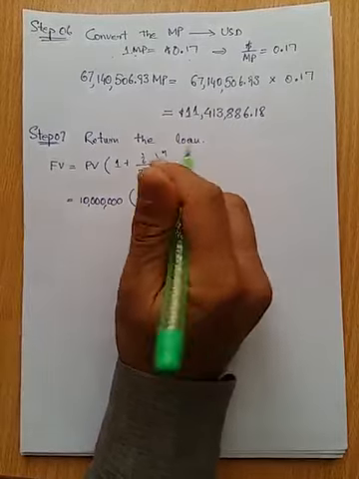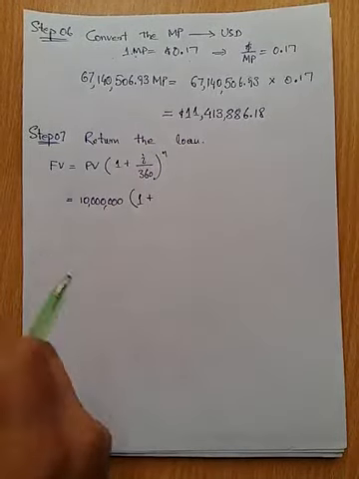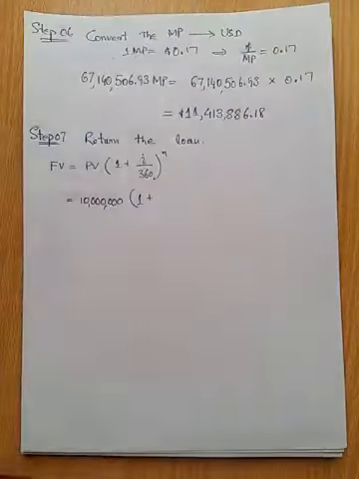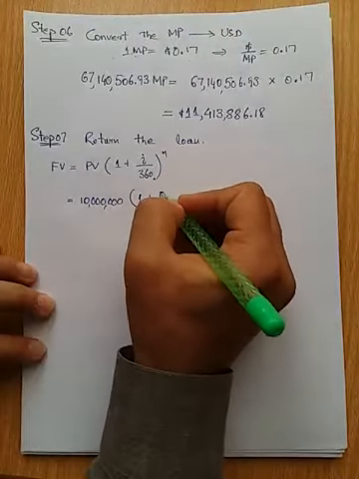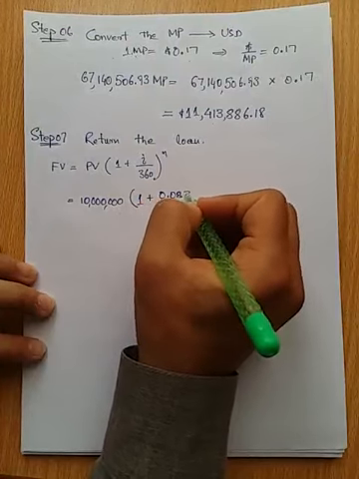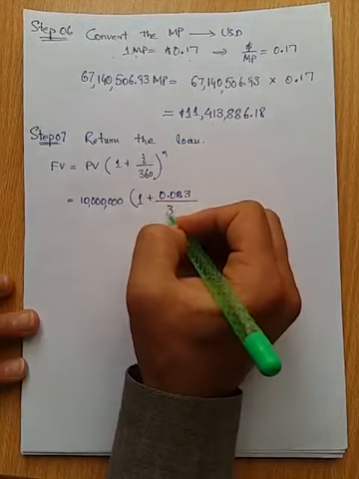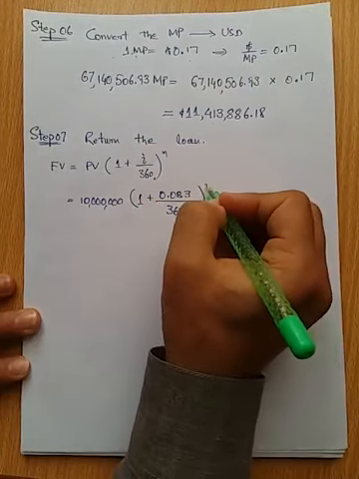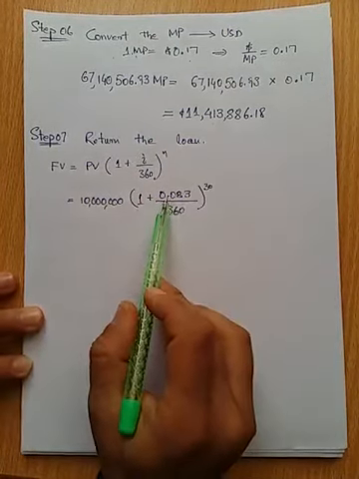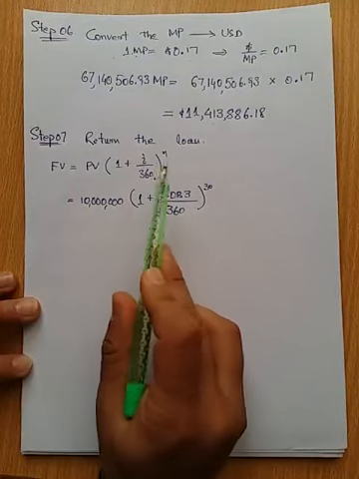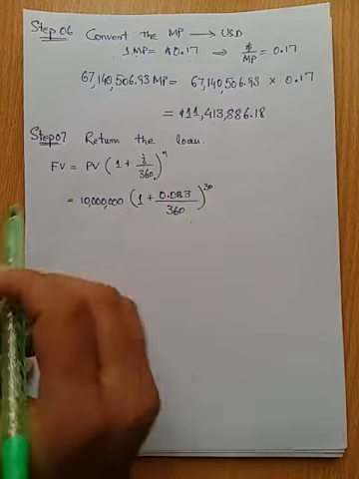The interest rate will be the borrowing rate of USD. The USD borrowing rate is 8.3%. So the interest rate is 0.083 and then divided by 360 power 30 days. So 0.083 will be divided by 360. The answer will be plus with 1 and then I will take the power 30.